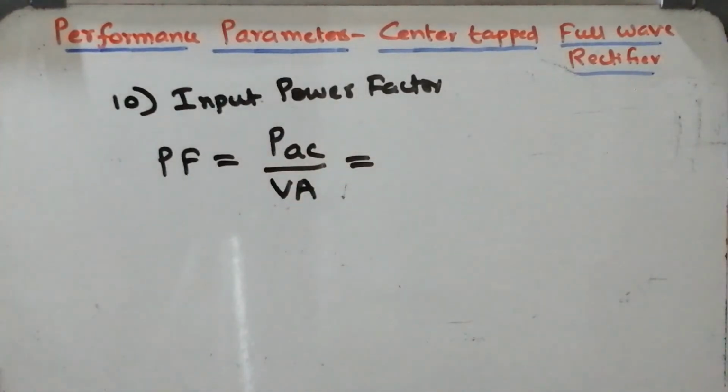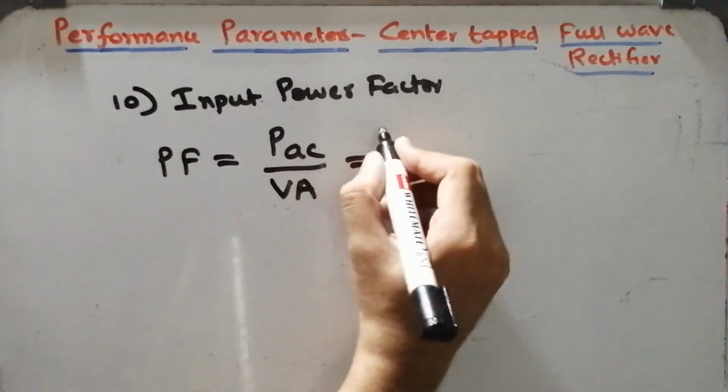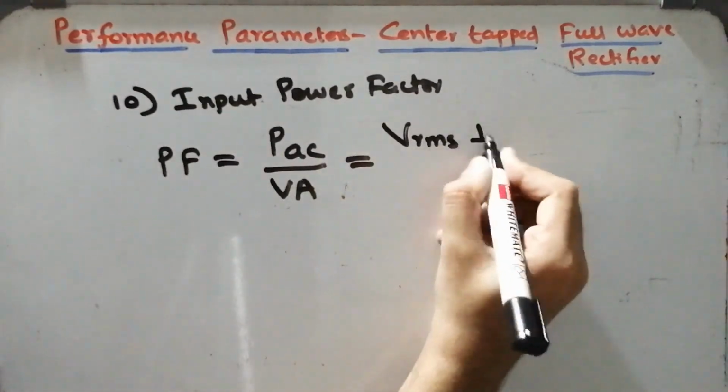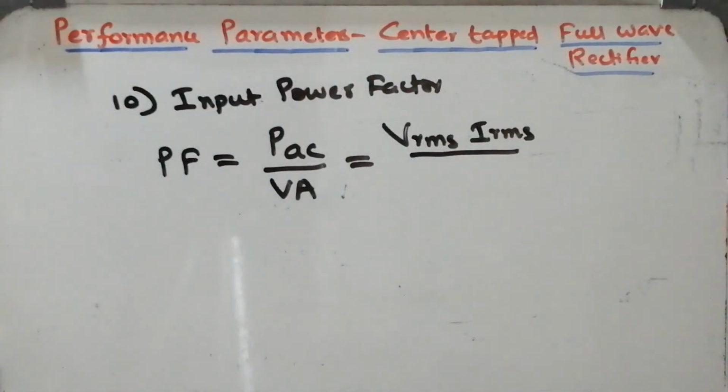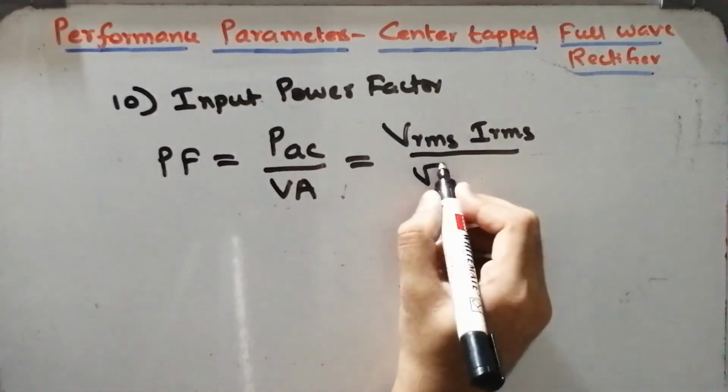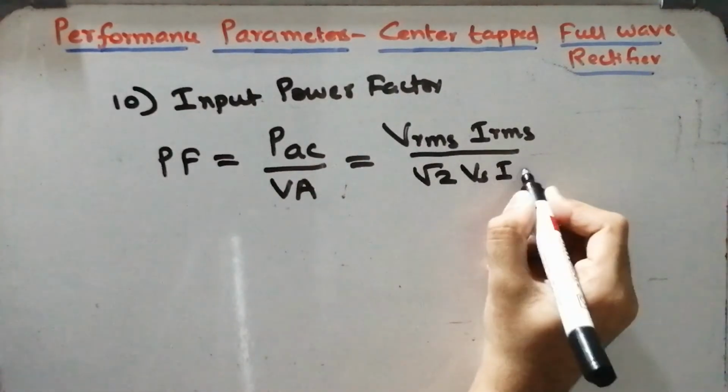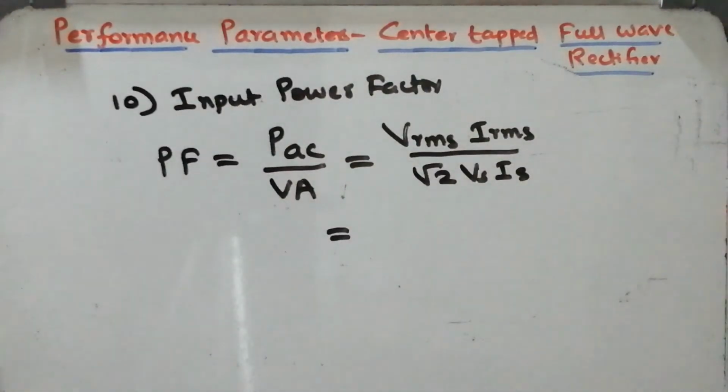PAC you already know, VRMS into IRMS. So VRMS into IRMS divided by the volt ampere rating. We already computed the VA rating, that means root 2 into VS into IS. So you can directly substitute.